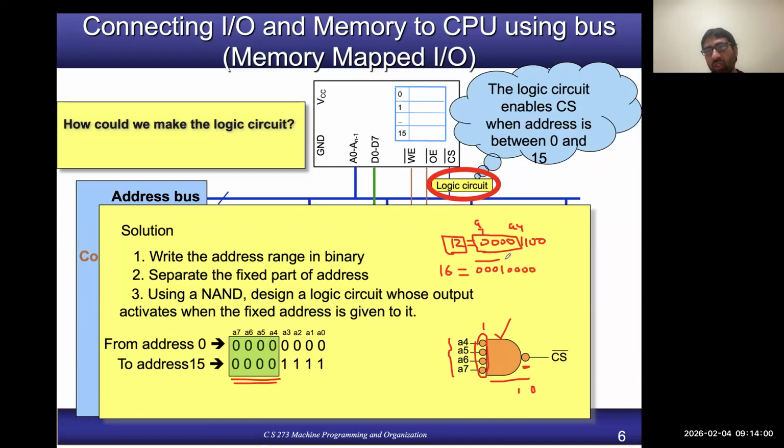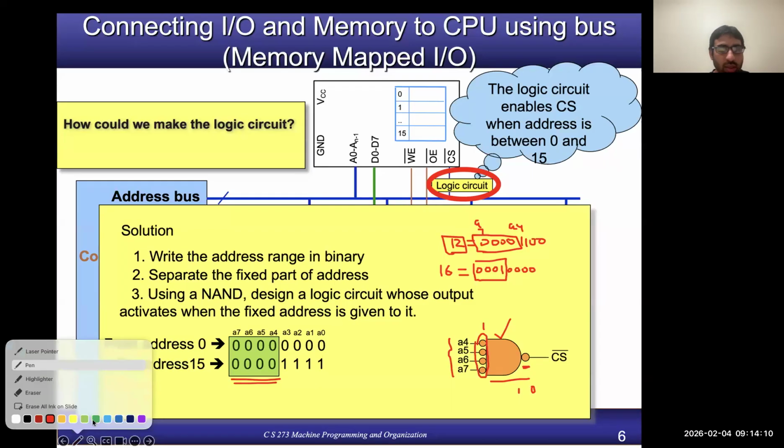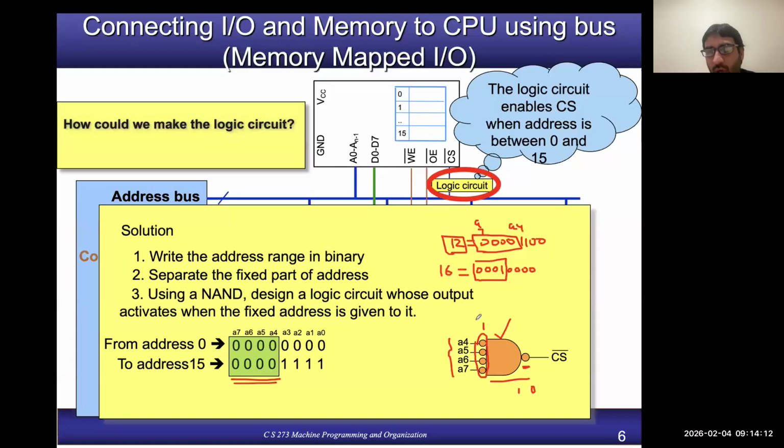We are feeding the most significant 4 bits to the NAND gate. A4 is now 1, so when you take the complement due to the bubble, it becomes 0. All the other three are 0.